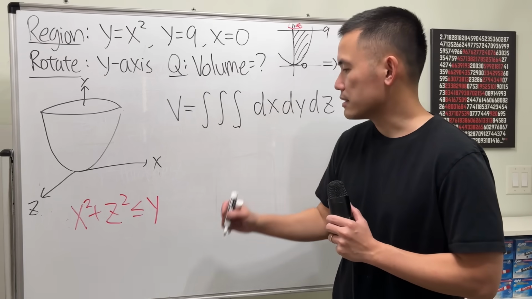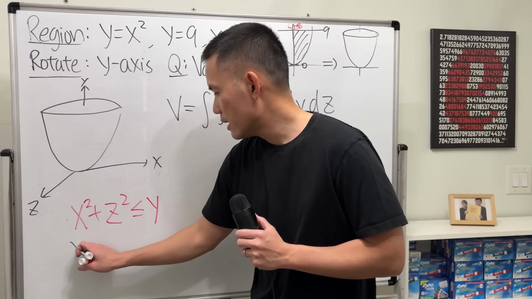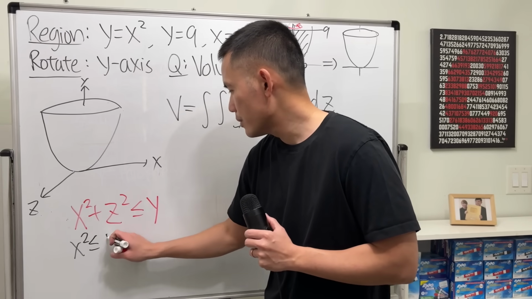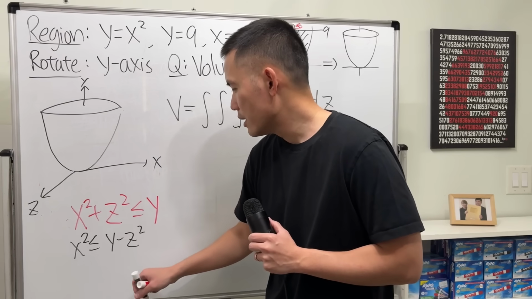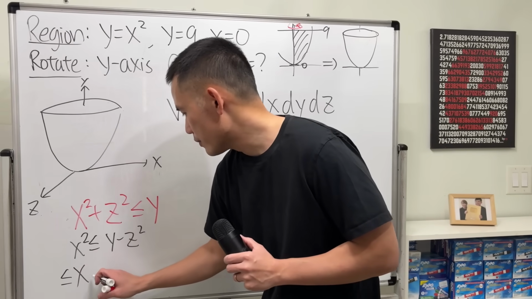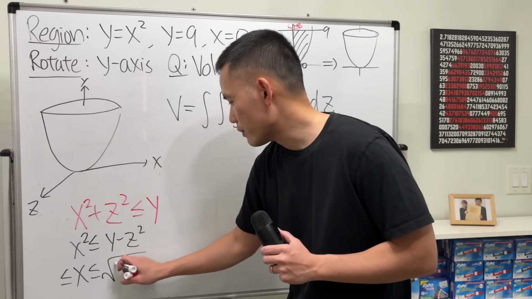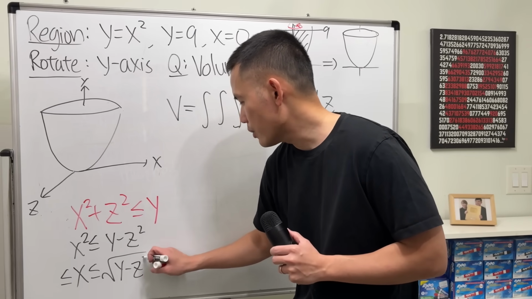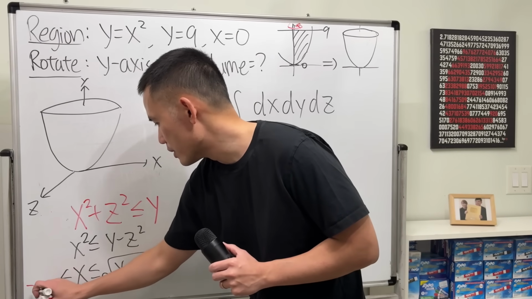I need to get x by itself, so I'll move this to the other side. x squared is less than or equal to y minus z squared. And then you see that x is in between the positive square root of y minus z squared and also the negative version of it.